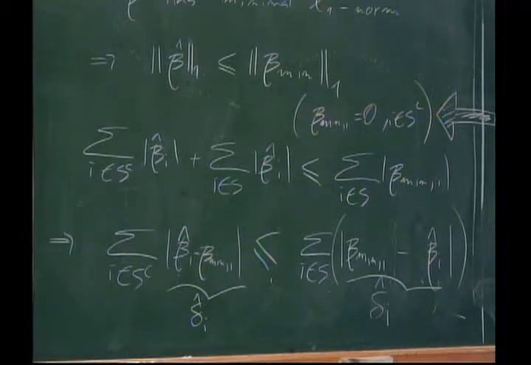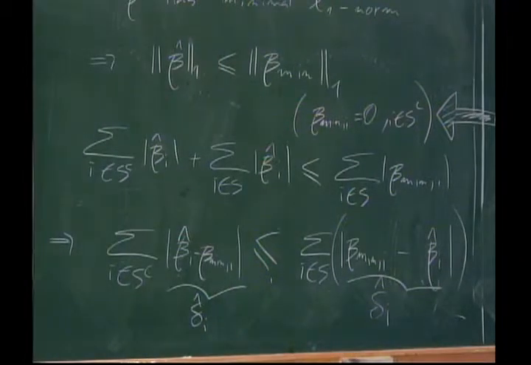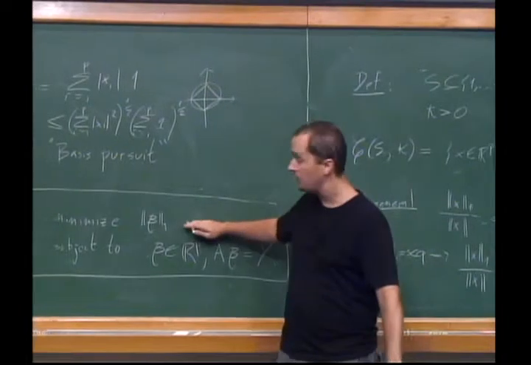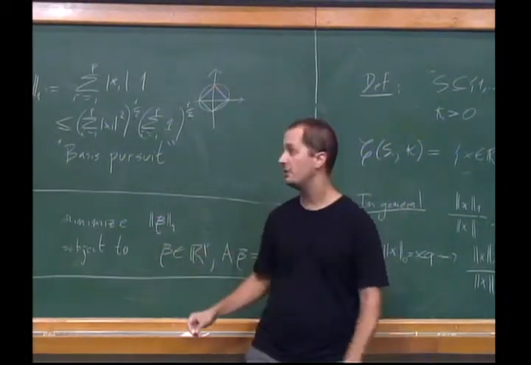So now we can start to think about what we need in order to finish this argument. What do we need of the matrix? In the end, we want to prove a theorem that says if beta is sparse, meaning the number of non-zero coordinates is less than some bound, then this problem has a unique solution, which is beta min. That's what we want in the end.